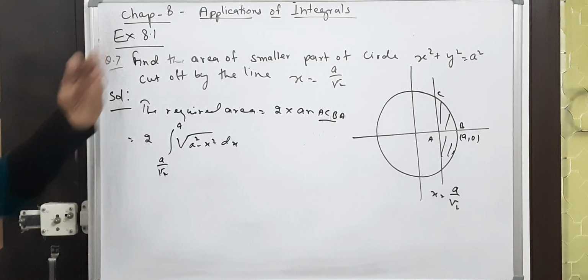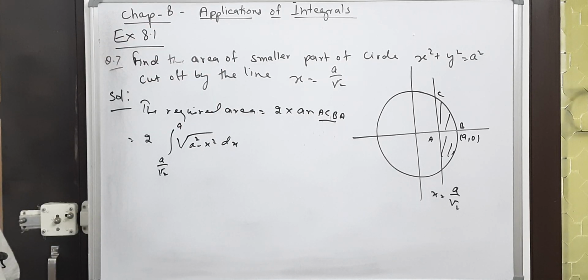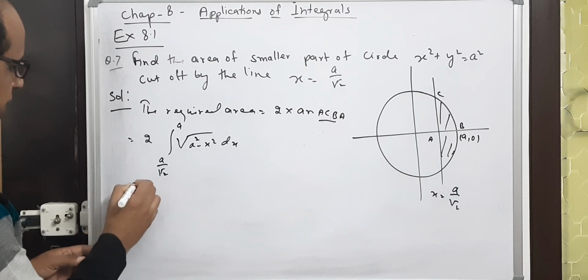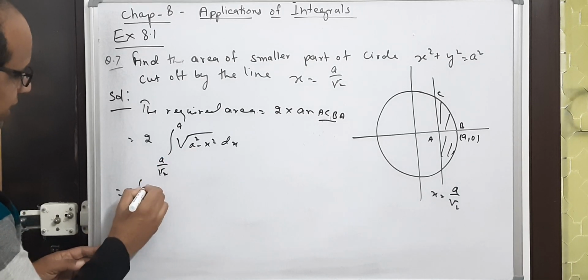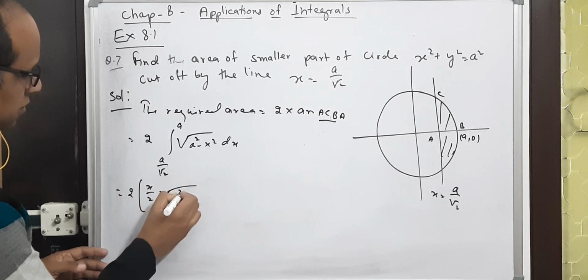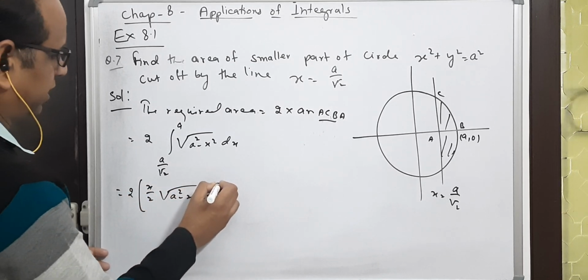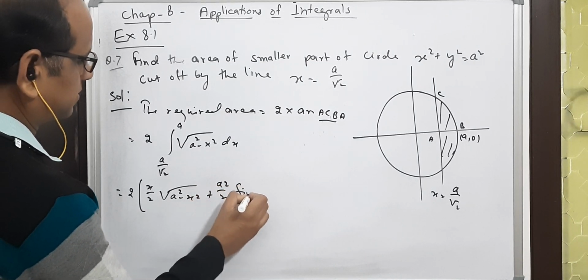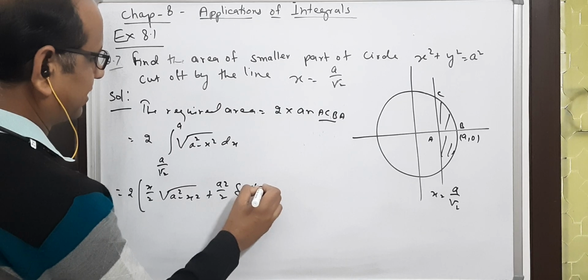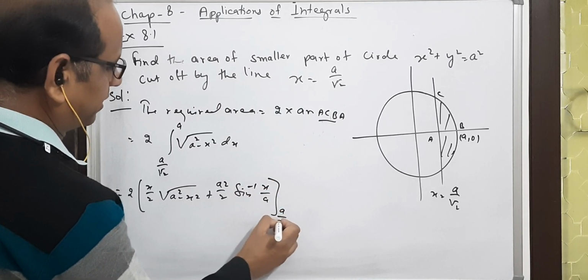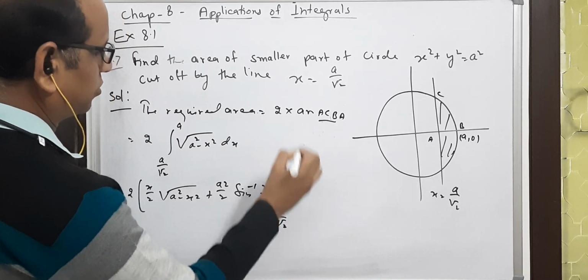And now this sum is the part of chapter number 7. I am explaining you. Please see. The formula is x by 2 root a square minus x square plus a square by 2 sine inverse x by a, and the limit is a by root 2 to a.